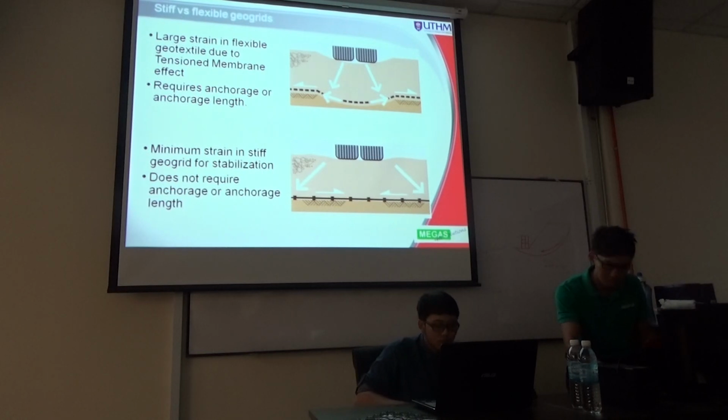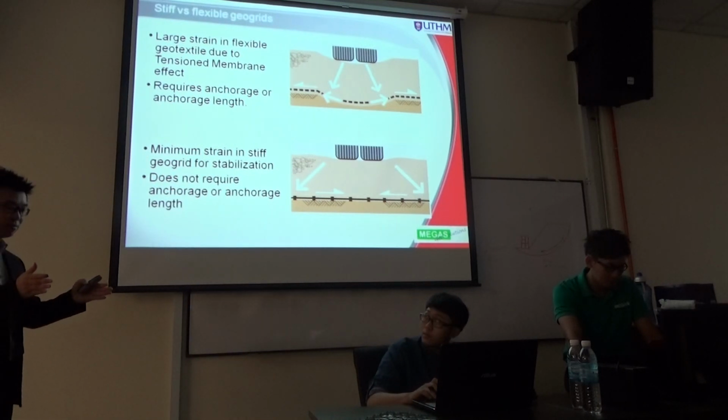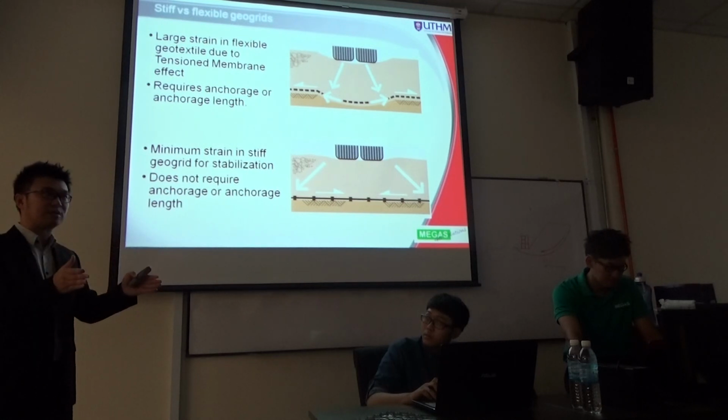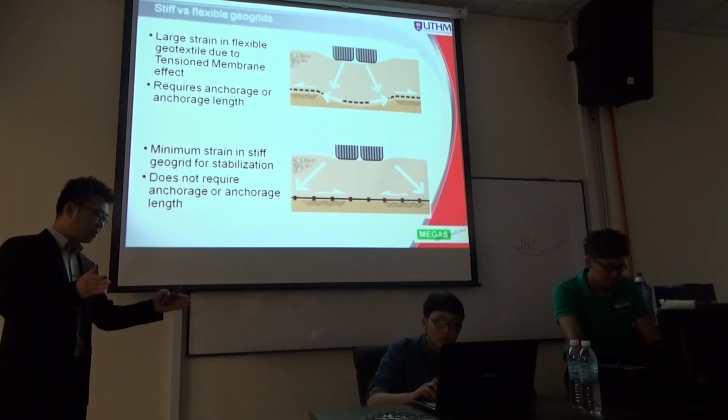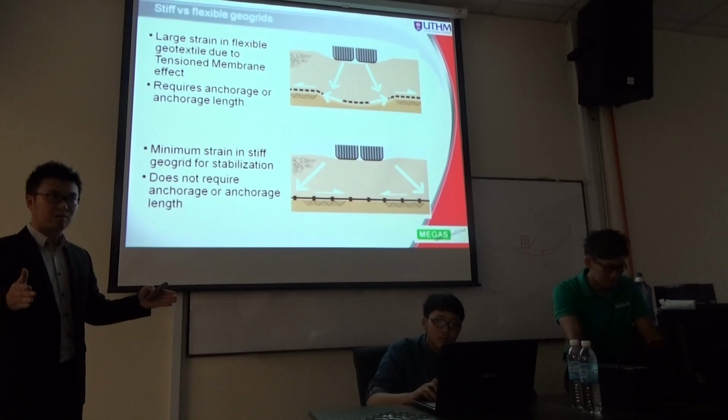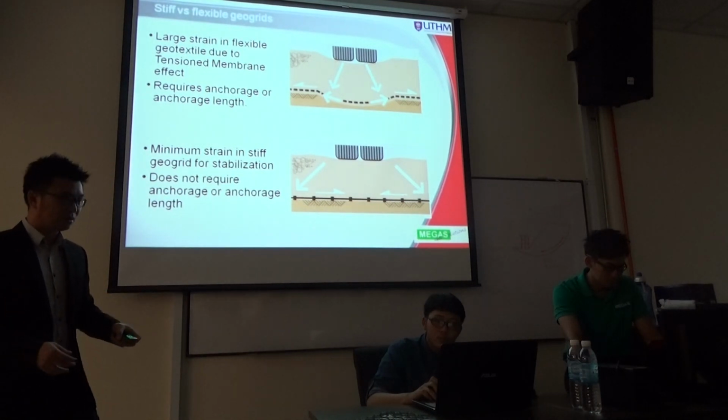And at the same time, it requires extra long anchorage at both sides so that it has something to hold at the left and right. And this one has a minimum strength, but it's a very stiff geogrid. It does not require anchorage length. So if your span is about 3 meters, then you just place 3 meters. You don't need an extra 1 meter at the left and an extra 1 meter at the right. Okay.